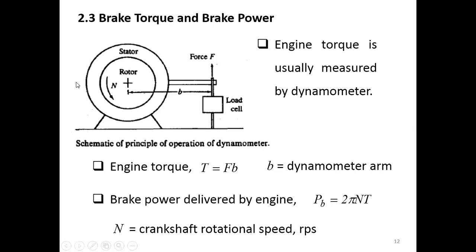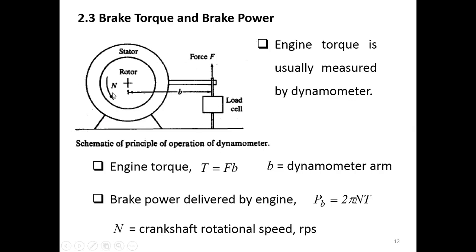We will go into more detail on the dynamometer later in our last lectures, because there are many types. But at this time, I just want you to know how we can calculate the torque and how we can calculate the power.